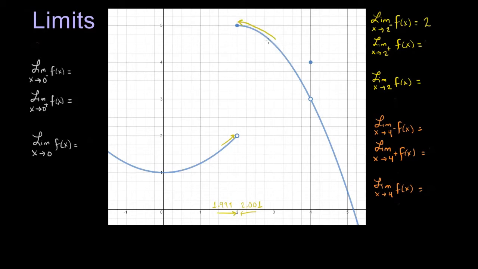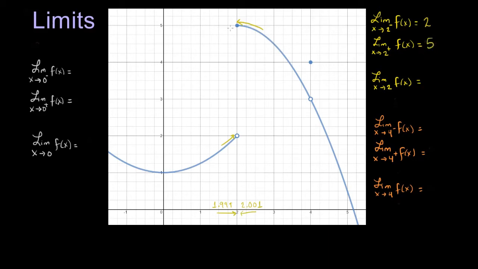You can see the values from the right of 2 are getting from here to here. Sorry, this is a very ugly line. If you follow the line from the right to this point, the value of the limit when x approaches 2 from the right is actually the number 5. I'm going to write it in here, the number 5.